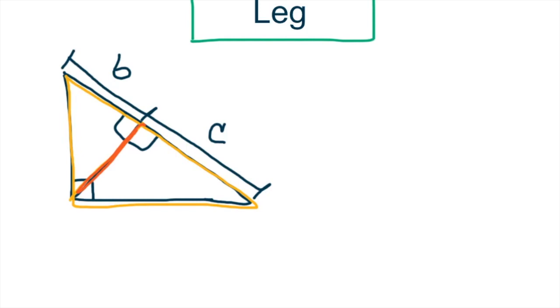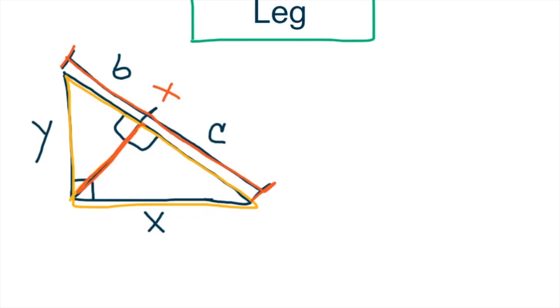What this is going to involve is the legs of the larger yellow triangle. So let's call this leg X and this leg Y. The leg theorem involves the legs of the large right triangle and the hypotenuse of the large right triangle. The hypotenuse in this case is B plus C, all together.